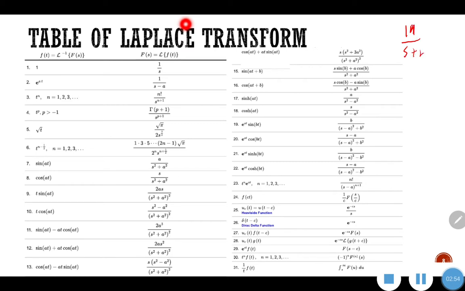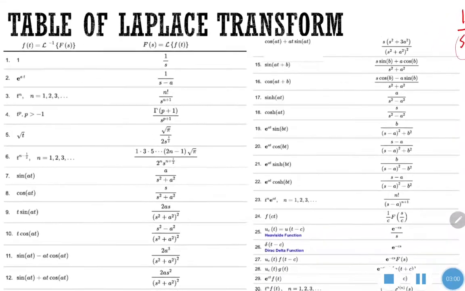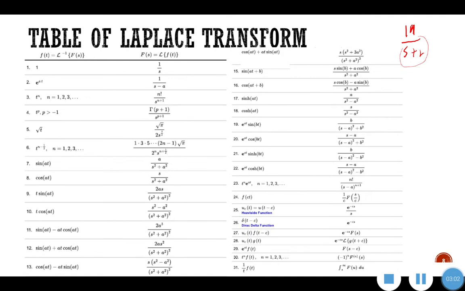Maknanya dia duduk bawah cluster 1 over s plus something, plus or minus something. So mana benda tu? You have a look at 1 over s. Tengok s punya power ni. S punya power is only power of 1, and then it must be followed by plus something. But if you look here, dia tak ada plus pun, tapi dia ada minus. It will do. Yang ni pun boleh pakai.